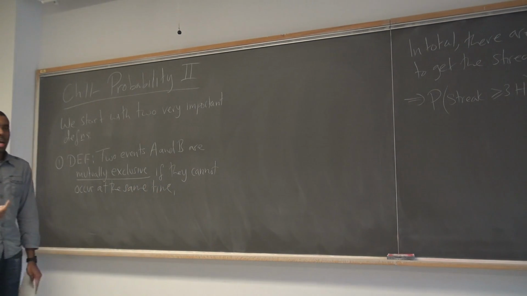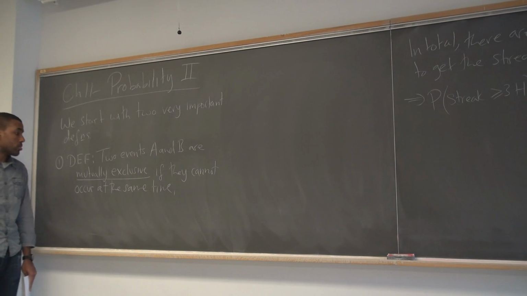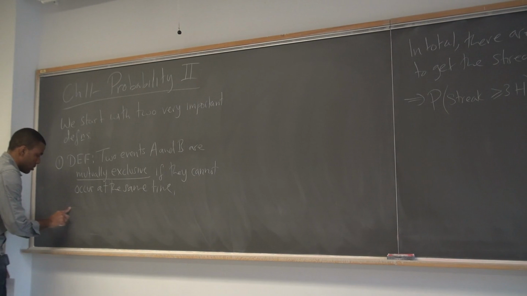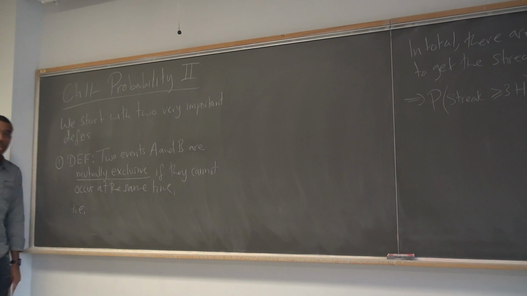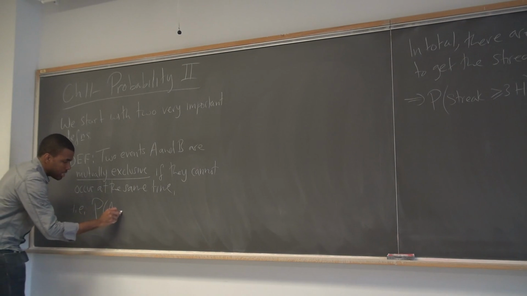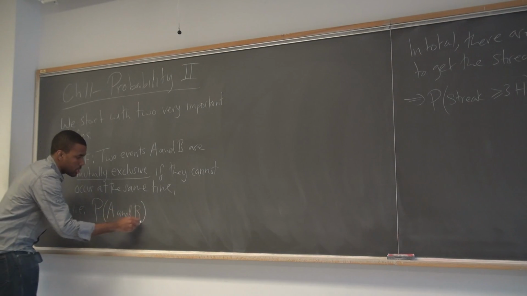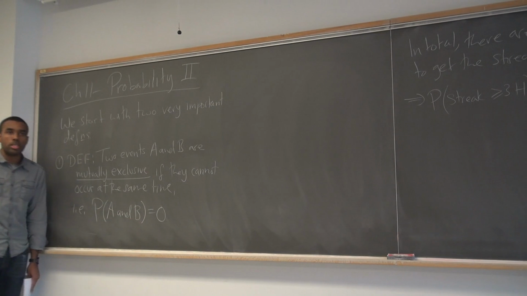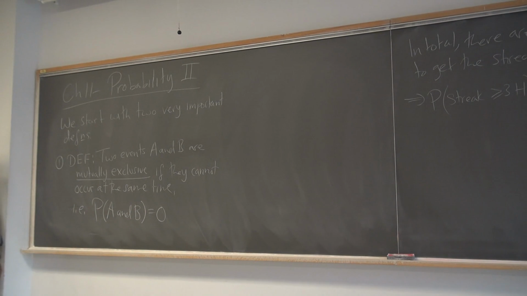Right? So one happening excludes the other happening. You call this mutually exclusive. I.e., if you want an equation that describes the situation, the probability of A and B is 0. It's impossible for both to happen at the same time, right? So A and B cannot happen.